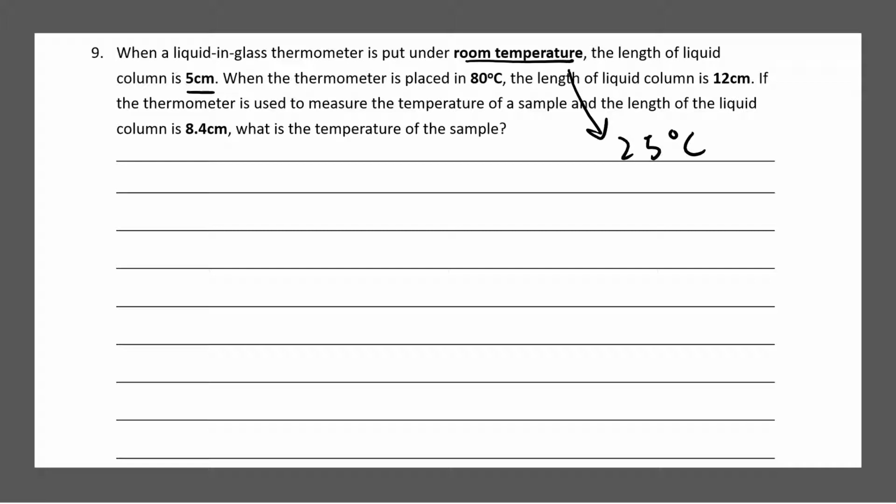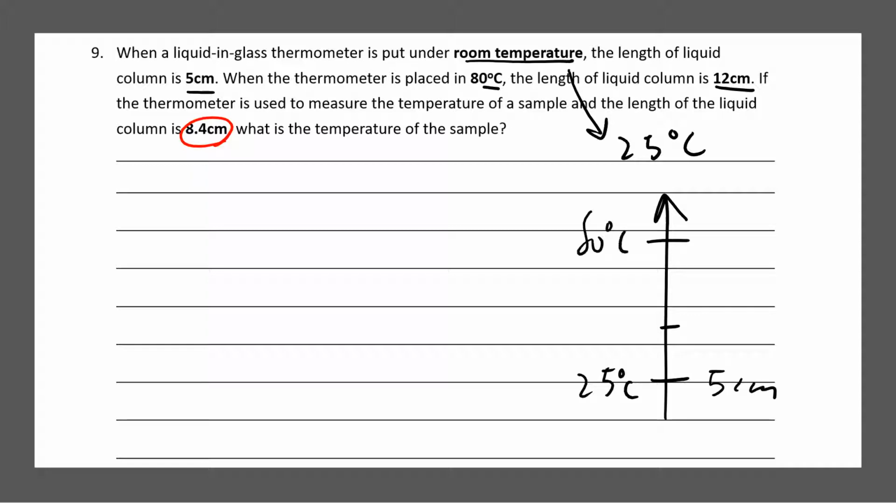The length is 5 cm, at 80 degrees it is 12 cm, and you have to find the temperature at 8.4 cm. So first of all, draw the calibration graph: 25 degrees is 5 cm, 80 degrees is 12 cm, and 8.4 cm is T.